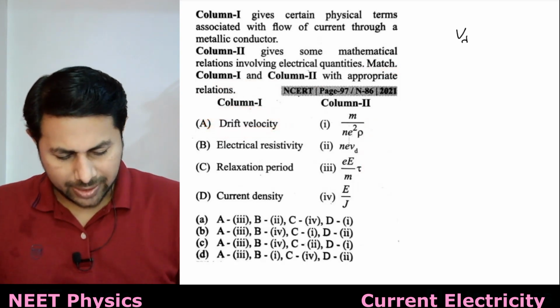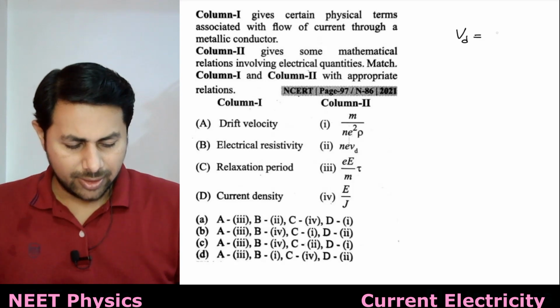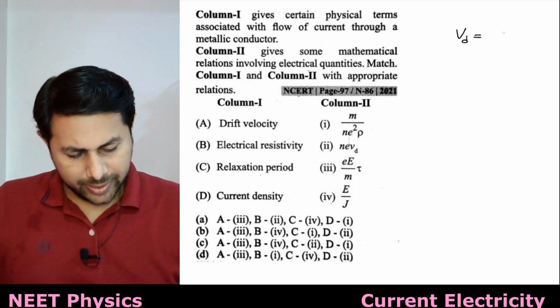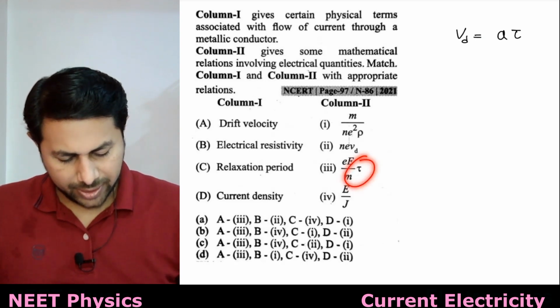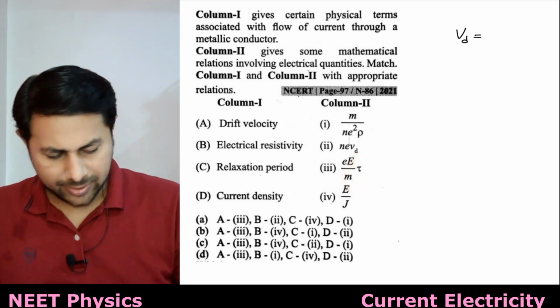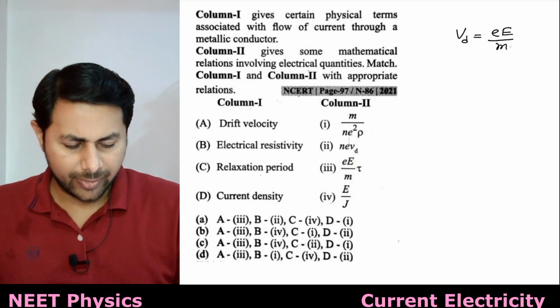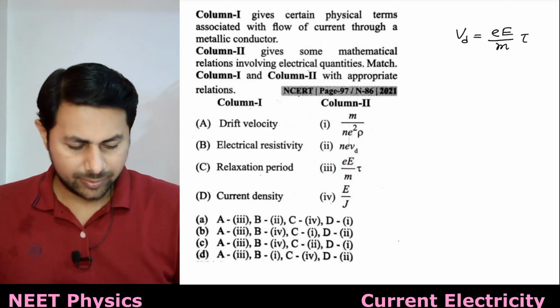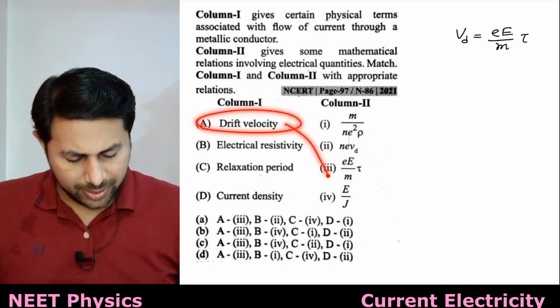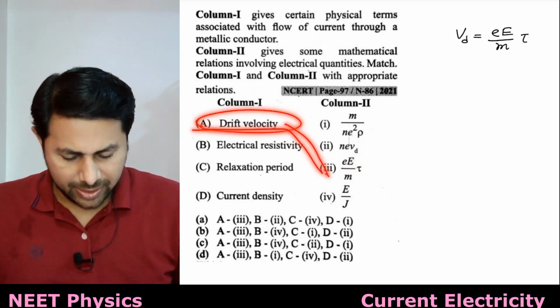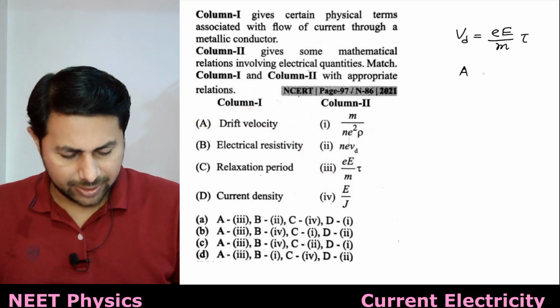We remember that drift velocity is equal to a times tau, right? So you can see tau here, and what is a? It is e times E by m, multiplied by tau. This is drift velocity. So A matches with 3. Let me write A matches with 3.